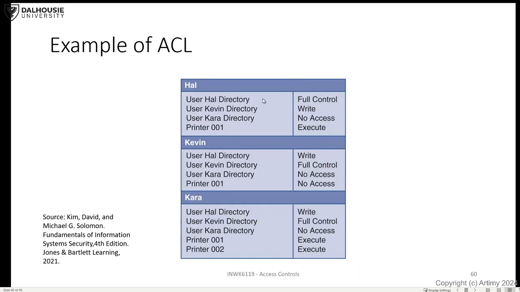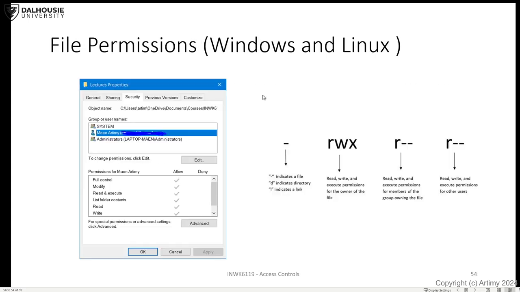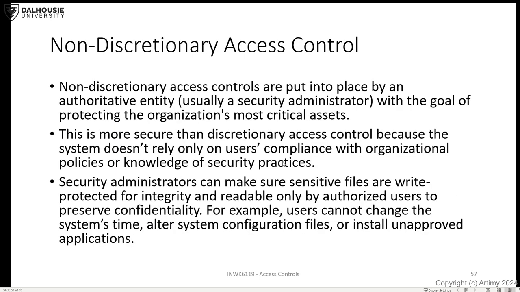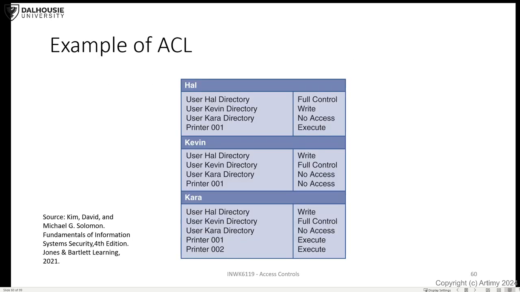And you can see it here, you can implement it also. I mentioned already that it can be used in discretionary. The difference is who creates it, right? So if it's created by the owner, then it's discretionary. If it's created by an administration authority, it's non-discretionary.